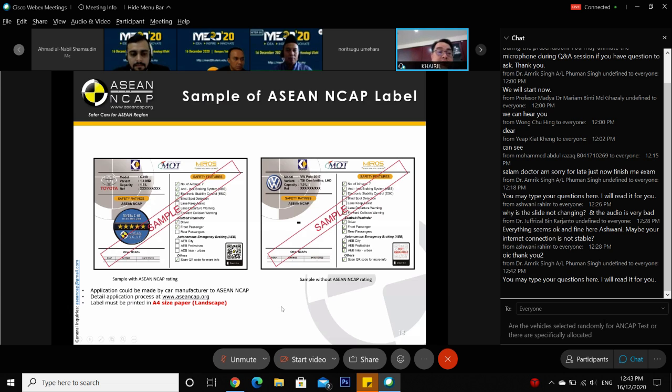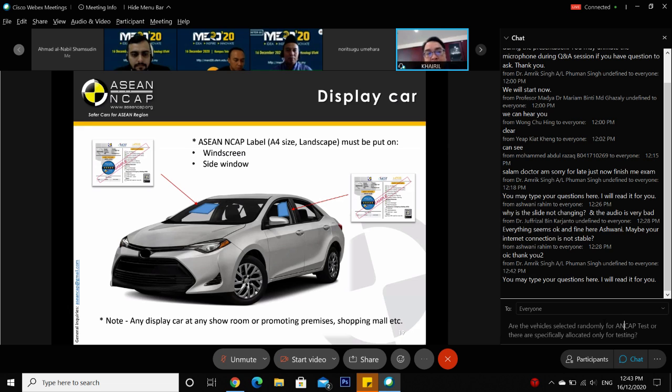It is still in discussion with KPDN HEP, the Ministry of Domestic Trade, and we are looking forward to 2021 to regulate these labelings. So whenever you want to buy a car, you should ask them where's the label, and usually most of the car manufacturers already display that in the showrooms.